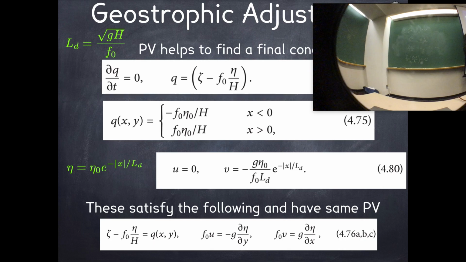If the plunger was very slow, I would get pretty much a geostrophic response all the time, because I would have time for the rotating part to catch up. If the blob is small, smaller than the deformation radius, I get mostly a non-rotating solution. If the blob is big, I get mostly a rotating solution.